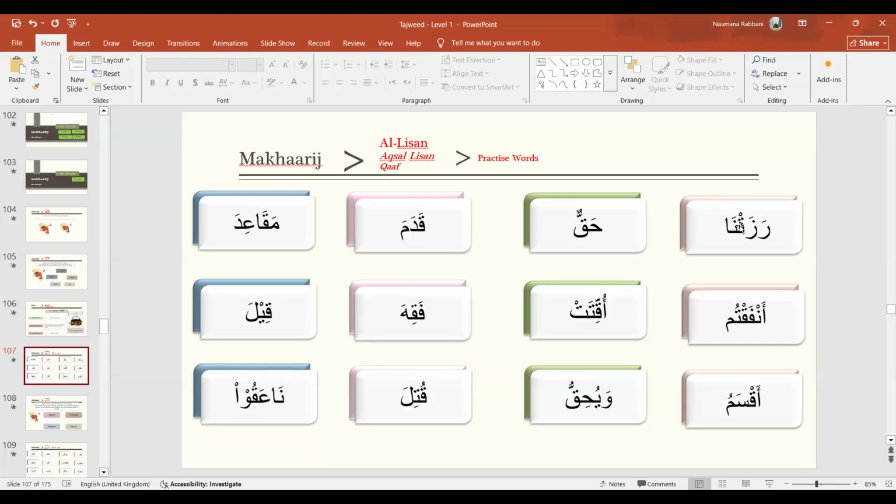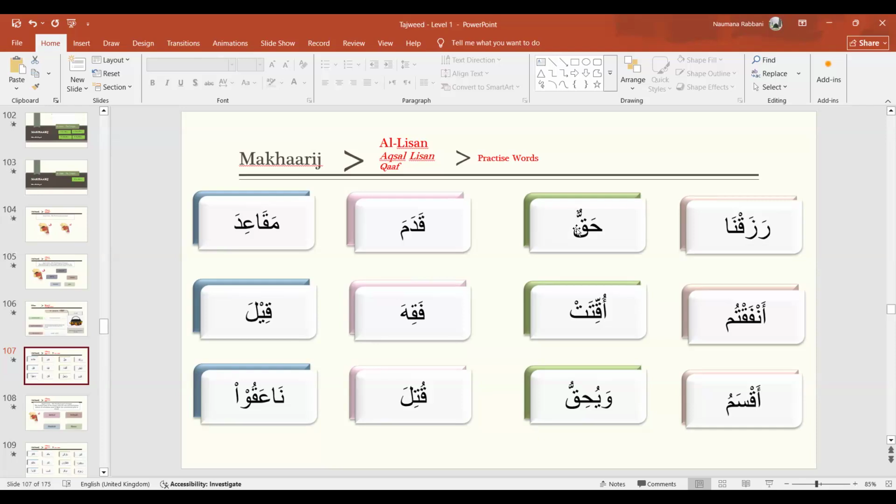Then we have the qalqala letter coming at the end of a word, but it has no tashdid on it. Imagine there was no tashdid here, and I'm stopping at it, and I would say haqq. And the last one, the strongest, is when the qalqala letter is at the end, you're stopping at it, and it has tashdid on it.